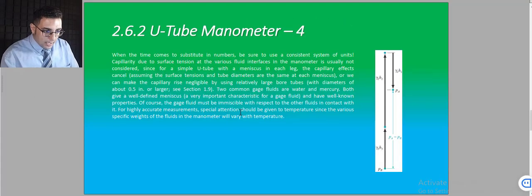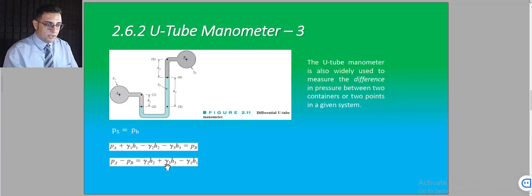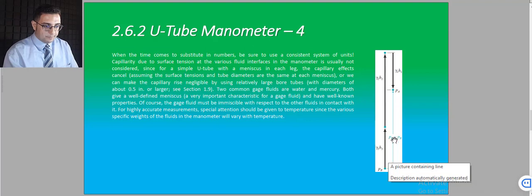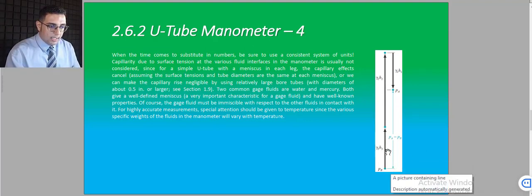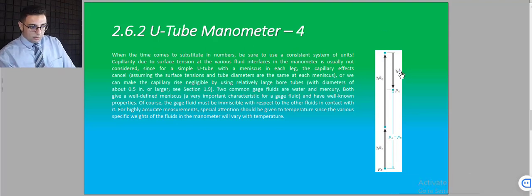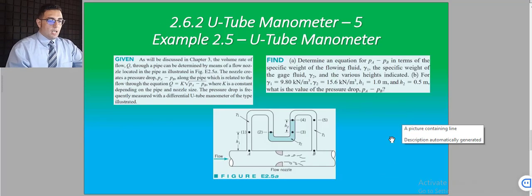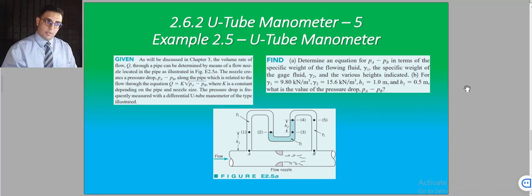As you see, the equation here is illustrated in this figure too. Gamma 3 H3 plus gamma 2 H2 minus gamma 1 H1 is equal to PA minus PB. So there is another example for U-tube manometer with the two closed ends.